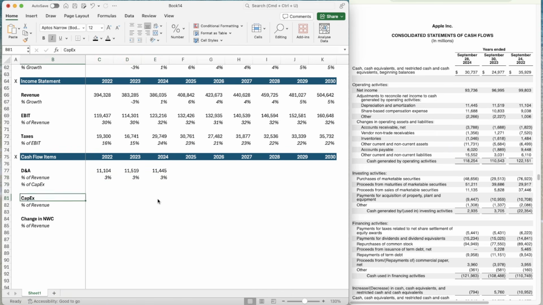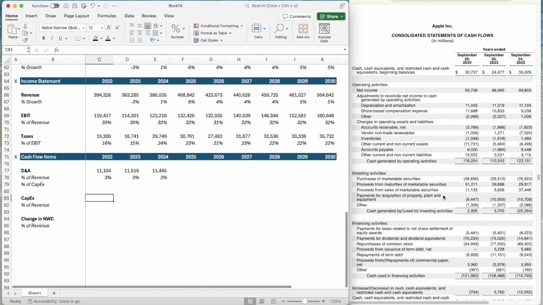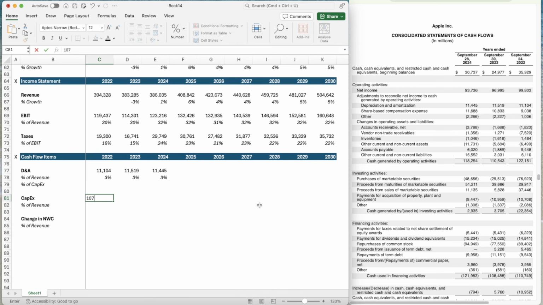Then your CapEx is 10,708, 10,959, 9,447. See what this is as a percentage of revenue. Just see how much this is as a percentage of CapEx as well.